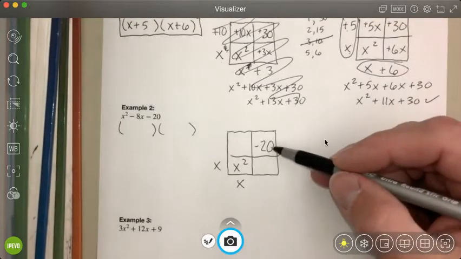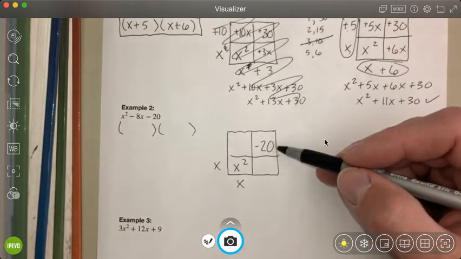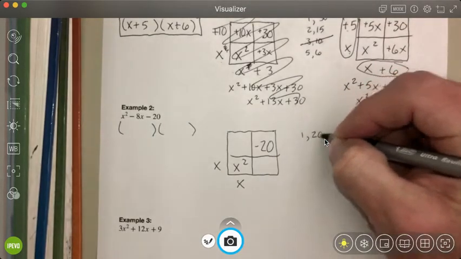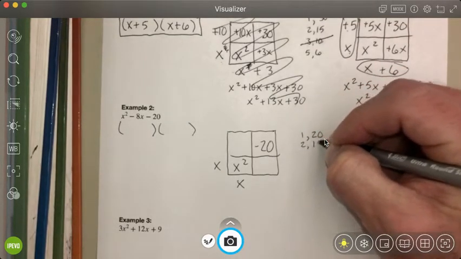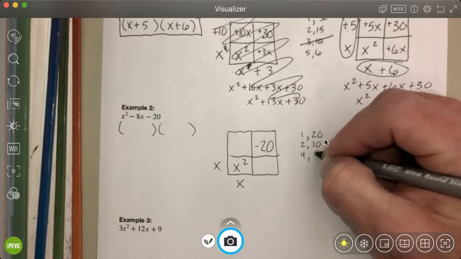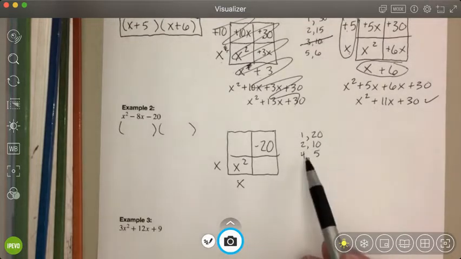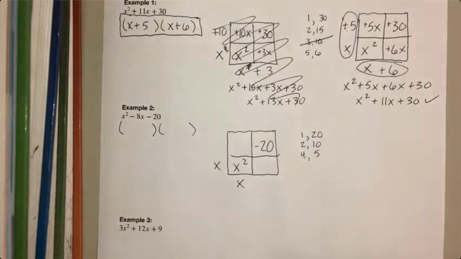Now I'm thinking, what are factors of negative 20? First off, I'm just going to do factors of 20: 1 and 20, 2 and 10, 4 and 5. However, to figure this out, I know that one of the two factors has to be negative in order to make all of this work.